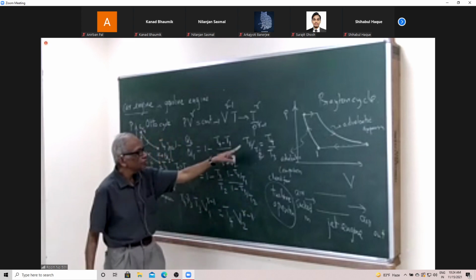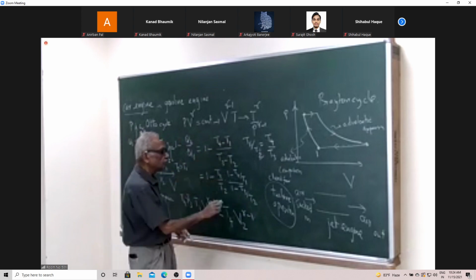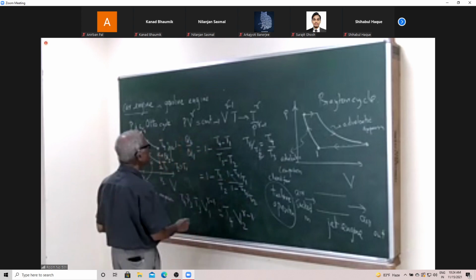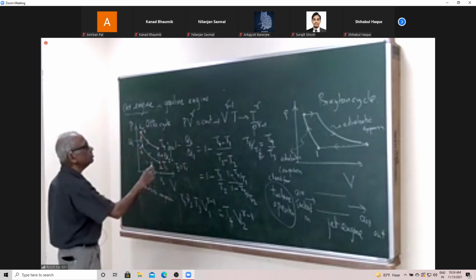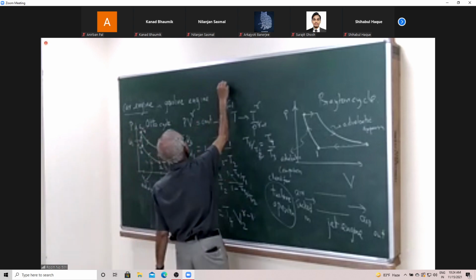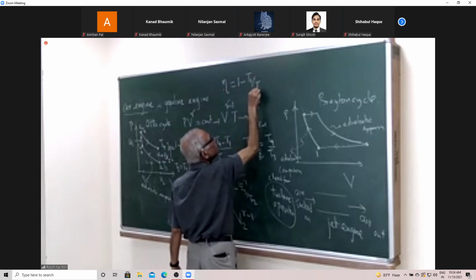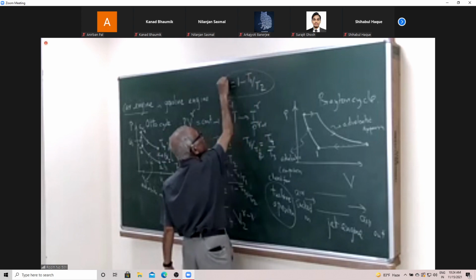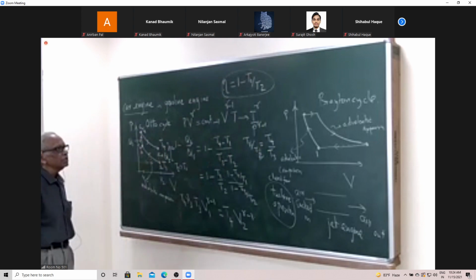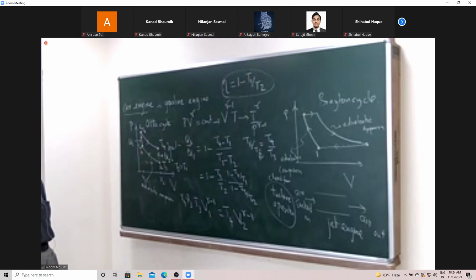But T4 over T1 is T3 over T2, so this cancels, and therefore the efficiency of the car engine is 1 minus T1 by T2.